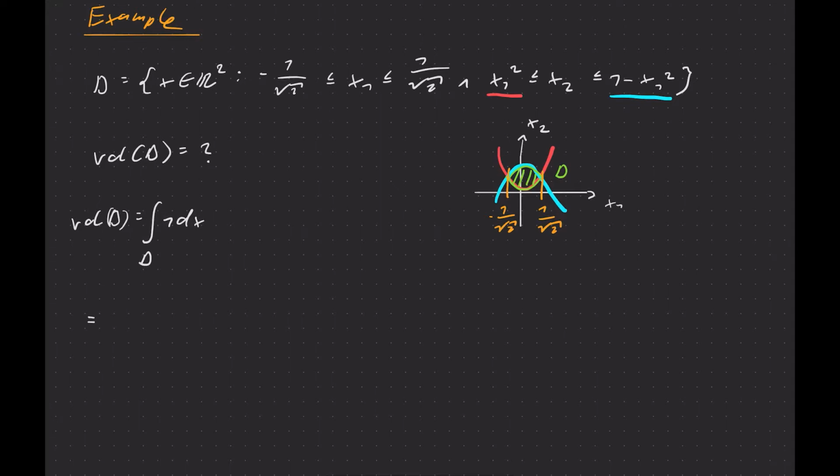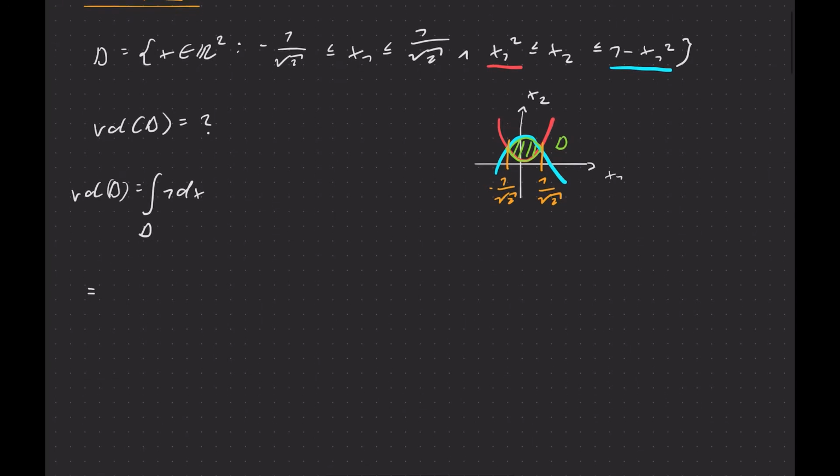And now let's see how we can express that using that normal domain description here. So as I said, the outer integral is always the one with the constant bounds. So the outer integral in this case needs to be the one with the x1 bounds, these two here. That's minus 1 over square root of 2 to plus 1 over square root of 2.